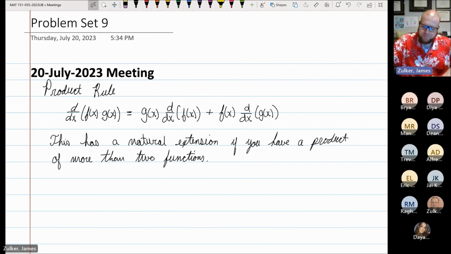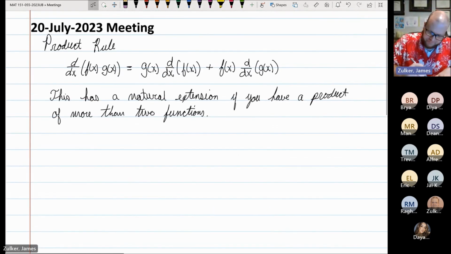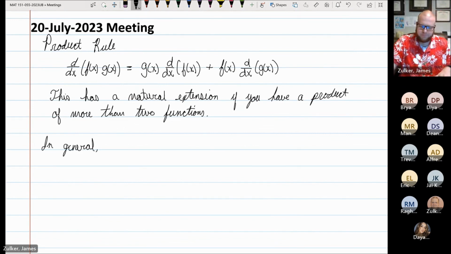And so I guess if you wanted, I'm going to use product notation. No, I won't.